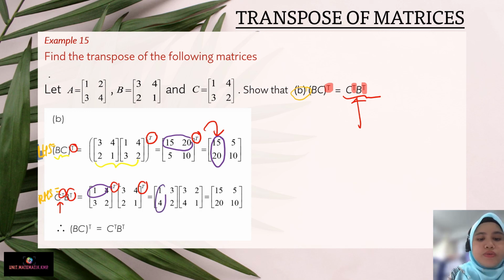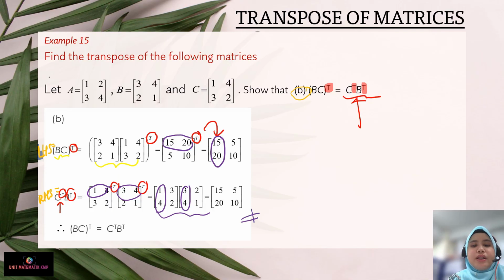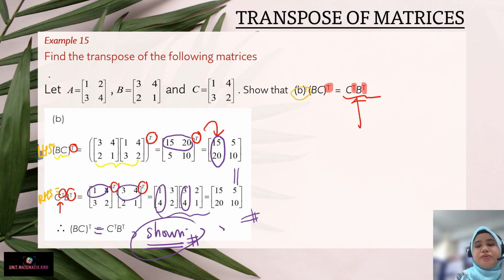So 1, 4 will be like this, 3, 4 will be like this. Make sure the position changes before you multiply. Then you multiply and you will get the final answer. It is the same, so we make the conclusion: it is equal, and we must rewrite "shown".